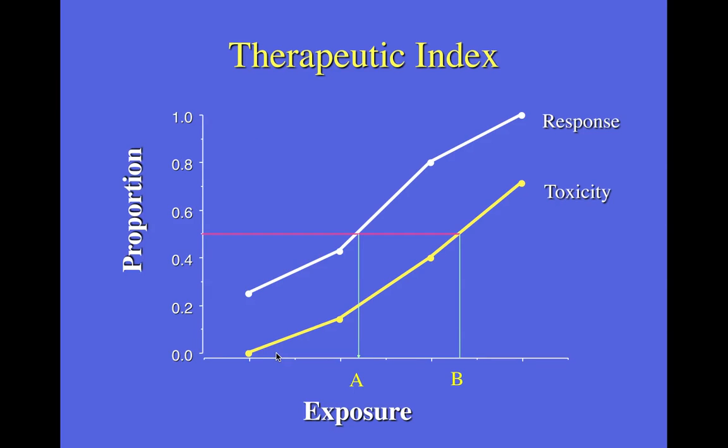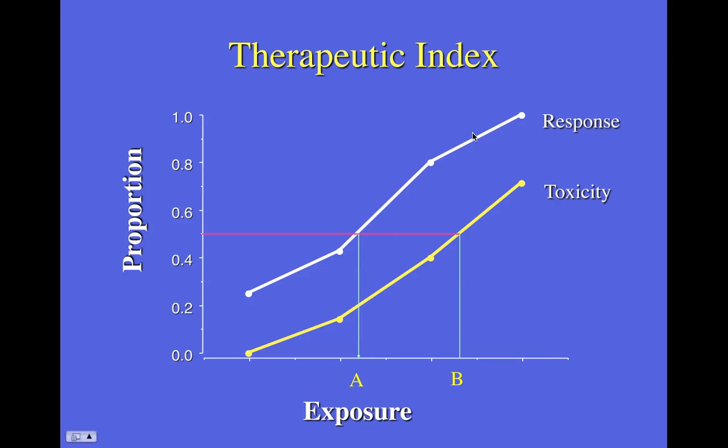So here's a sort of graphical illustration of therapeutic index, and it's just really to show you how the therapeutic index depends not only on the characteristics of the drugs, but also what you consider to be an acceptable toxicity. These are data from a particular paper that was published quite a while ago using a drug called teniposide, which is like etoposide. And what it shows is that if you take a particular exposure to a drug, it could be dose, it could be AUC, whatever, then you find that as the exposure increases, so you get more toxicity, but your response rises also.